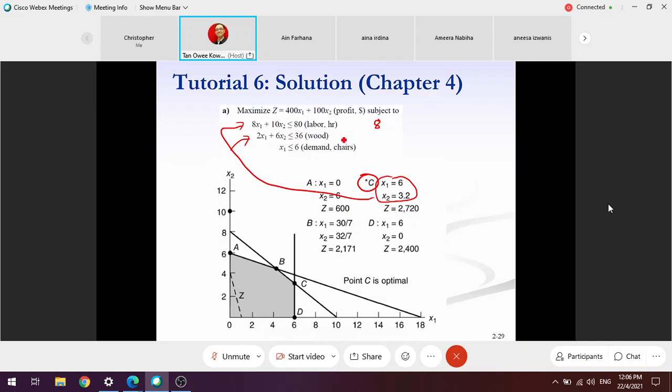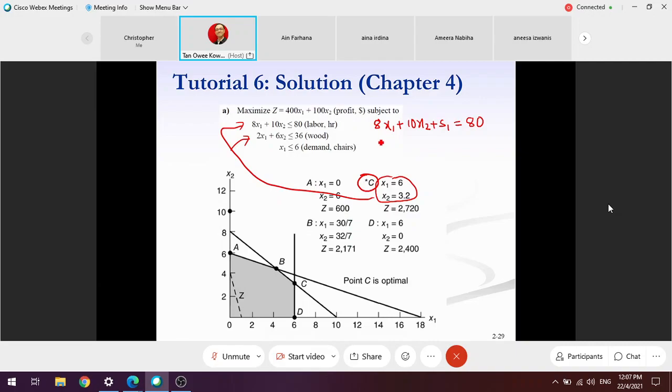So I want to add a slack into this linear programming constraint. Because it's a slack, it's plus s1. Then by adding a slack, I can change the inequality to an equality.